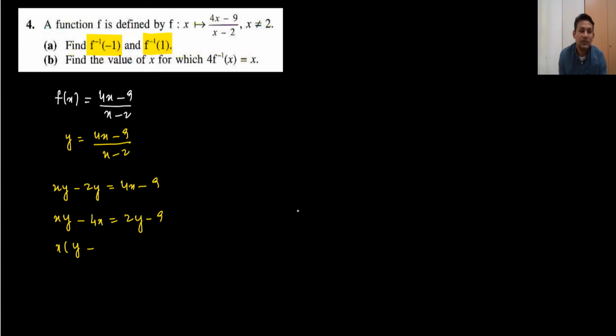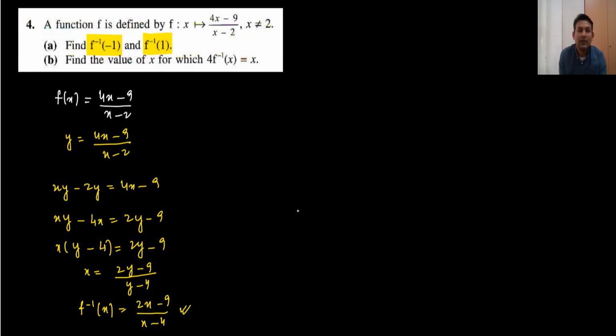So 2y minus 9, and when you make x the subject, it's coming 2y minus 9 divided by y minus 4. So the f inverse will be equal to this, where y will become x. Now, this is the final equation of the inverse.